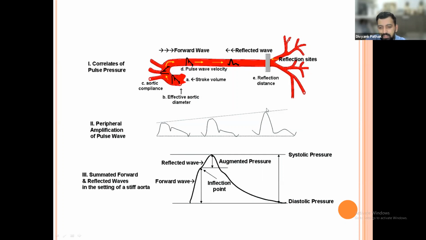Okay, so it is steeper, the systolic is more and the diastolic is less. These are the reasons, and I already explained the dicrotic notch: when the valve closes there will be a slight backflow, and at that time the dicrotic notch will be there.